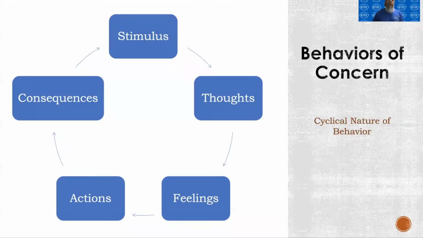Now, if we have a negative stimulus, then that leads us into a negative behavior cycle and the actions and consequences are going to be negative. The best place that you can intervene in this behavior cycle is if you can control the stimulus. If you can make those environmental changes to the antecedent, then that's the best place to intervene.